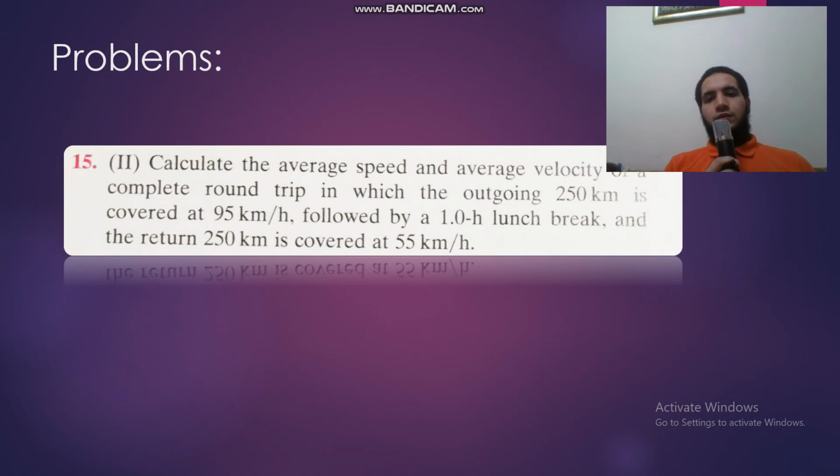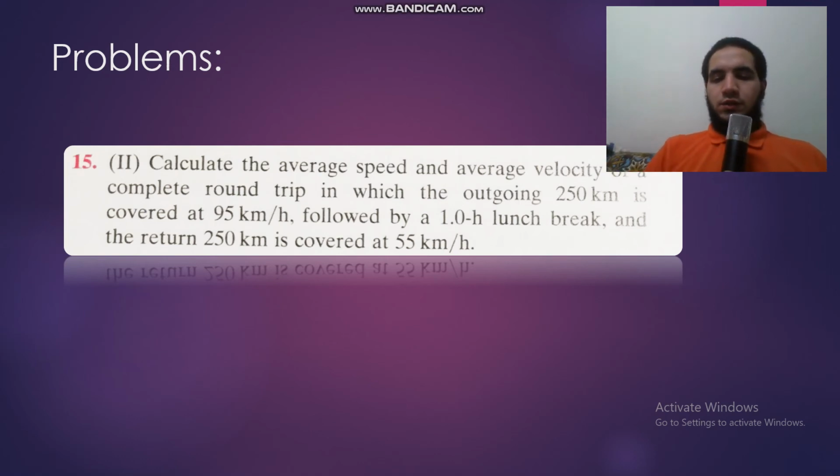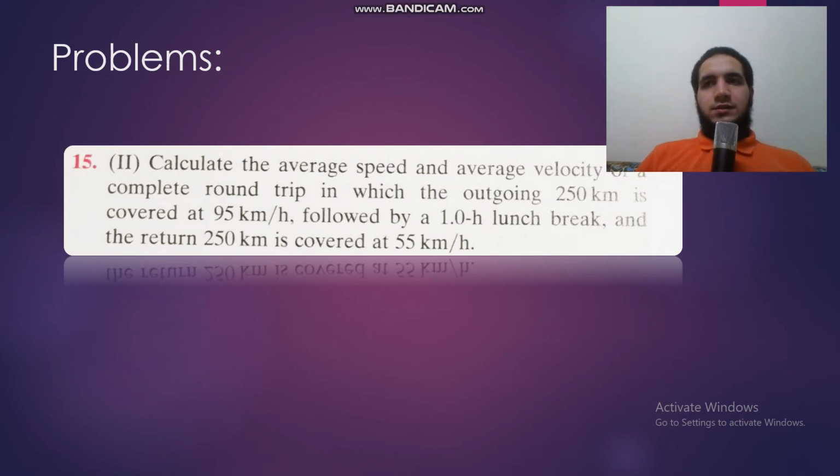And now he wants the average velocity, and actually the average velocity will be equal to 0 because it is a round trip, so it returned back to where it started. So the net distance or the displacement, which is the difference between the beginning and the end and the starting point, will equal 0, and so velocity will be 0.